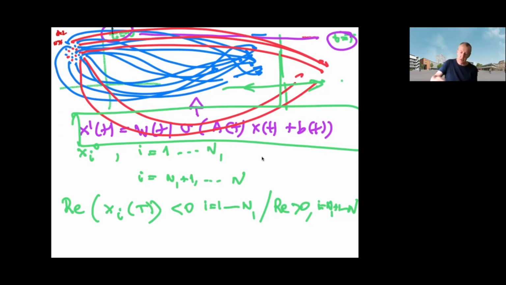And then the goal is to classify the data so that the blues end up to the left of the imaginary axis, and the reds to the right of the imaginary axis. I have to choose bt, At, and Wt in a way that whenever I solve this dynamical system, when the initial datum is blue, it ends up going to the left. And when the initial datum is red, it goes to the right, right? This is the kind of terminal condition.